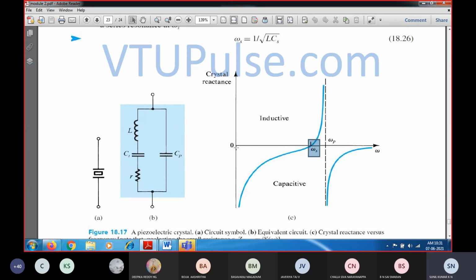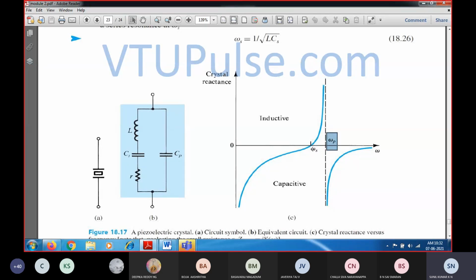These electrical components correspond to the series resonance or the parallel resonance. The series resonance is achieved at a lower frequency range, whereas the parallel resonance is achieved at a higher frequency.